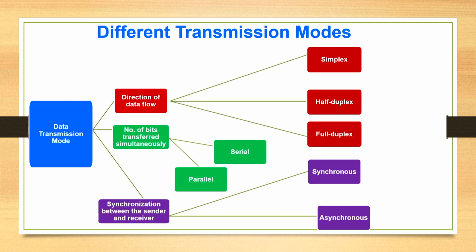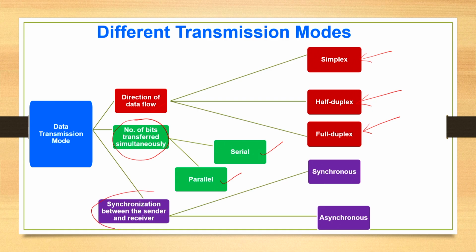This diagram represents different transmission modes. Depending on the direction of data flow, we have simplex, half duplex and full duplex. Depending upon the number of bits transferred simultaneously, it is serial or parallel.